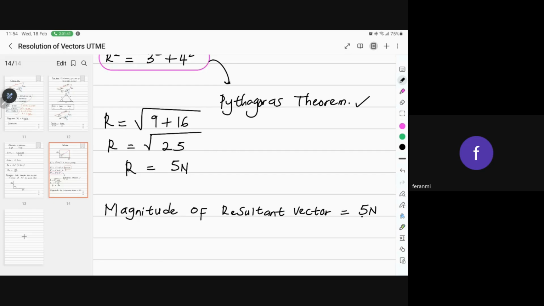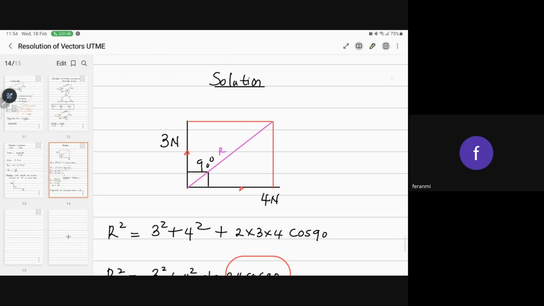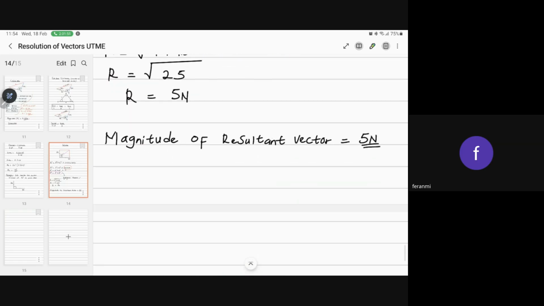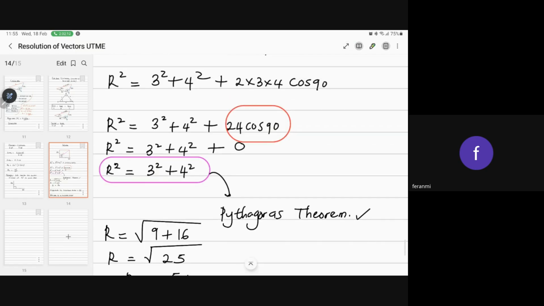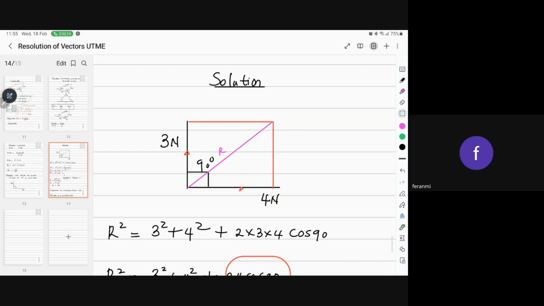The magnitude of the resultant vector is equal to what? 5 Newton. Now, how about the direction? For direction, it is very simple if you are acting at 90 degrees. Now, remember your Sokatua.